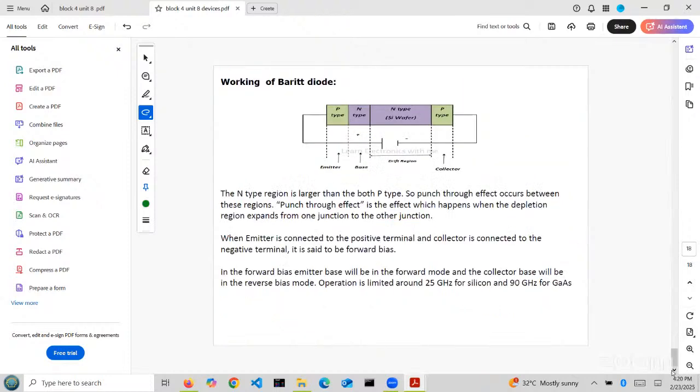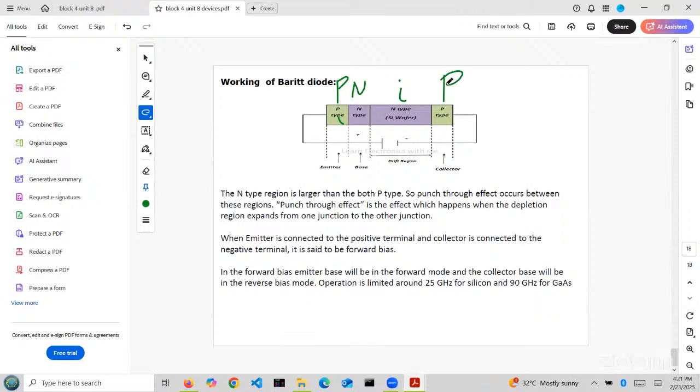After construction, working. In working, which type of material is used here? P-type material, N-type, P, N and P. This N is treated as I. So the first one is P, N, I, P, the drift region.